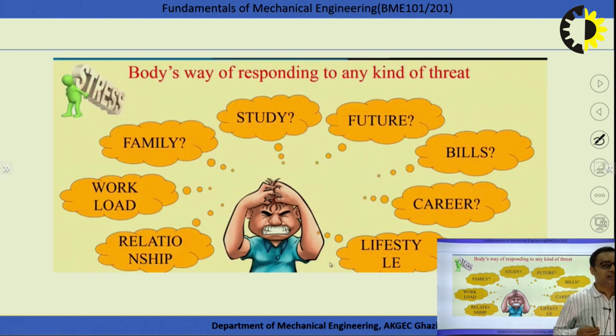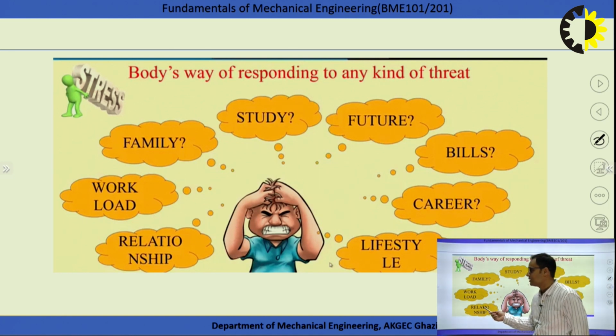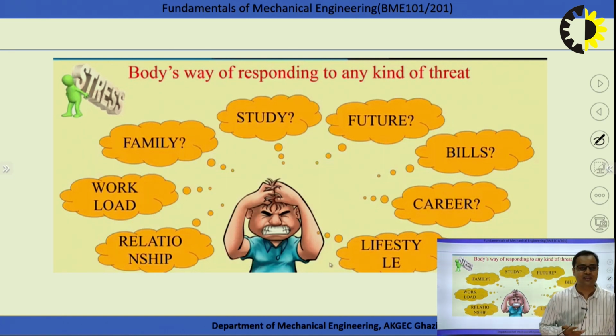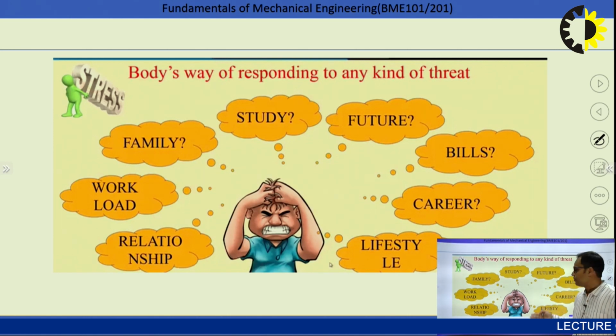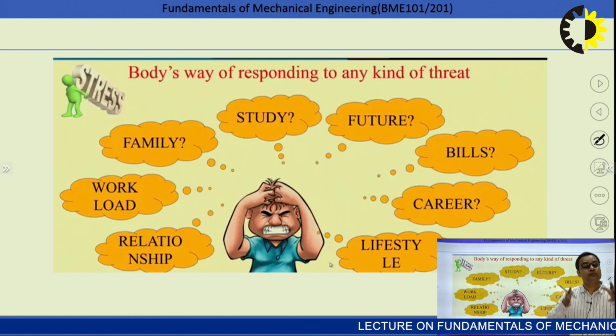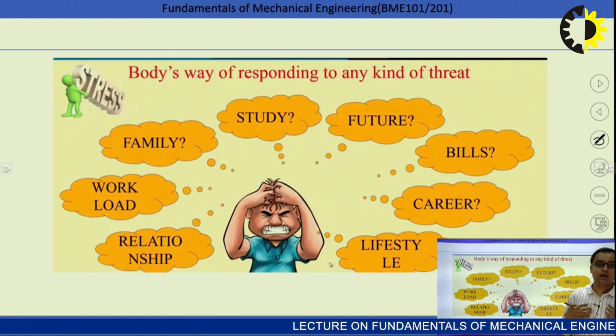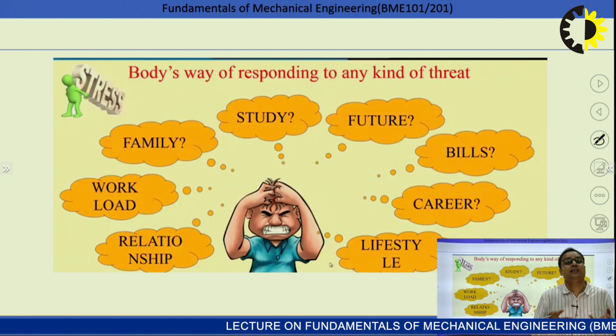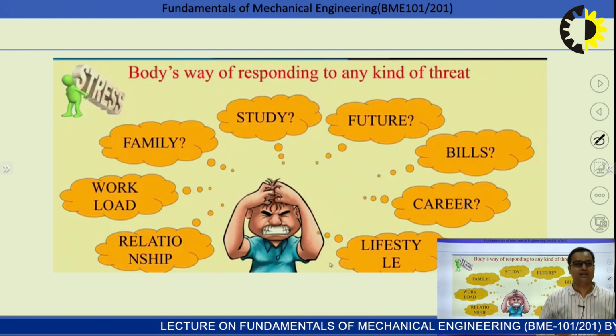There are so many reasons for that stress. There may be a problem of relationship, workload, family, study, future, and billings. There may be career, there may be lifestyle. So these are the different kinds of threat a person can bear, due to which he is under stress, right?